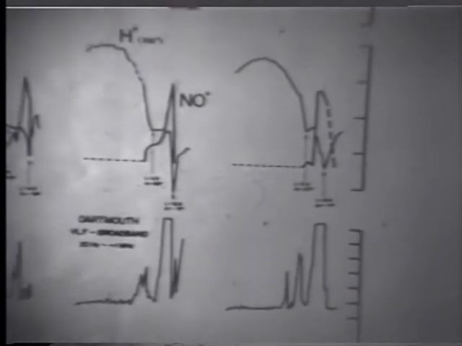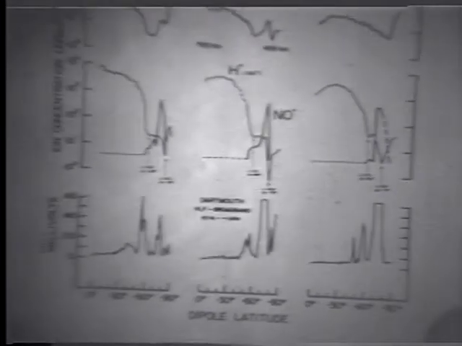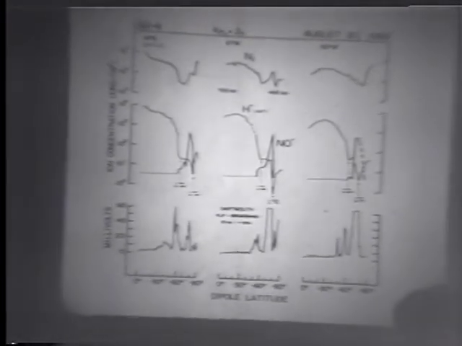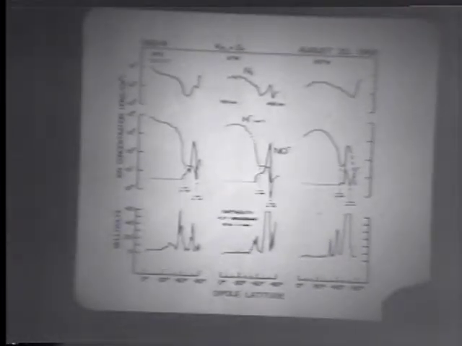Now, on a statistical basis, the same type of broadband VLF noise has been previously associated with the auroral zone and correlated directly with soft electron precipitation.